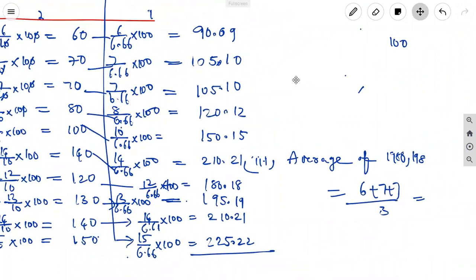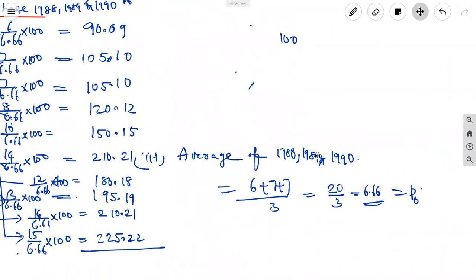After the average, we are getting 6.666, a continuing value. We can correct it to 2 decimal places, that is 6.67.